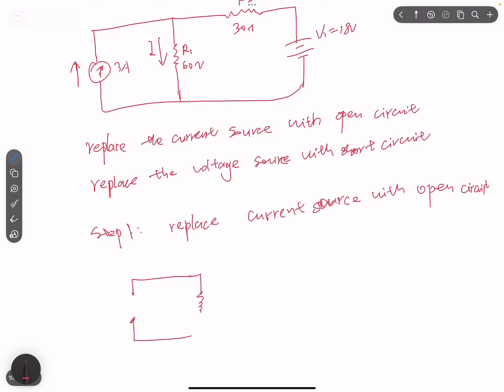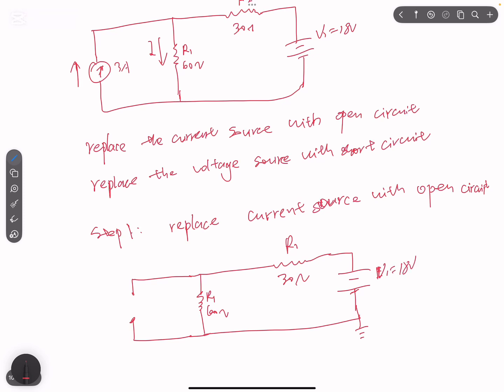We have one resistor here, R1, 60 ohms. We have R2 equals 30 ohms. Then we have the voltage source here. This would be the ground. So E, or V1, equals 18 volts.